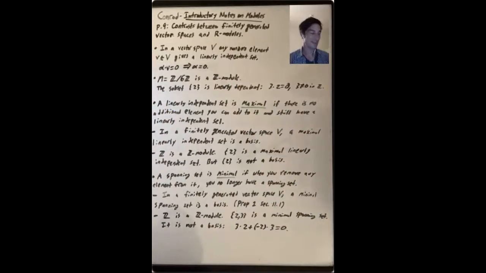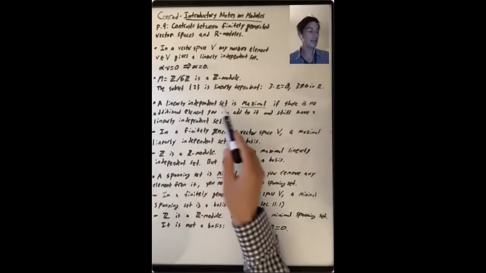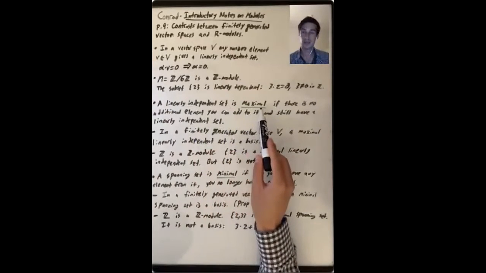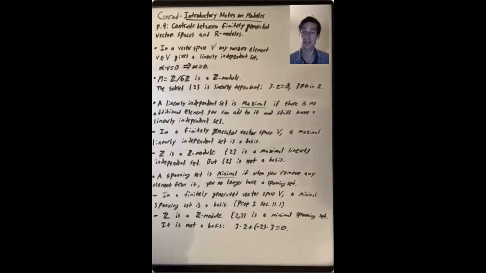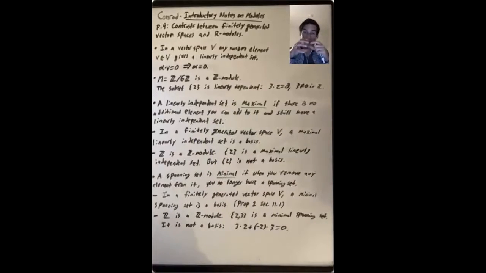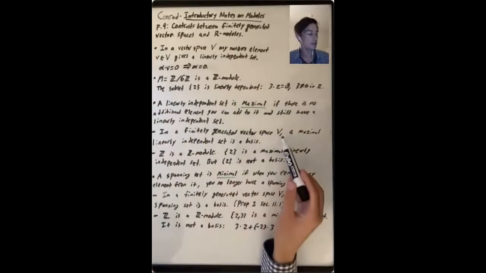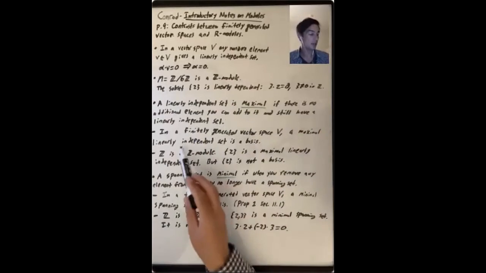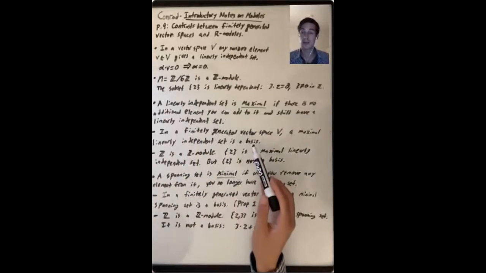All right, next example. A linearly independent set is called maximal if there are no additional elements in your module that you could add to it and still have a linearly independent set. So there's nothing else you can add to make one that's one bigger. In a finitely generated vector space V, a maximal linearly independent set is automatically a basis.